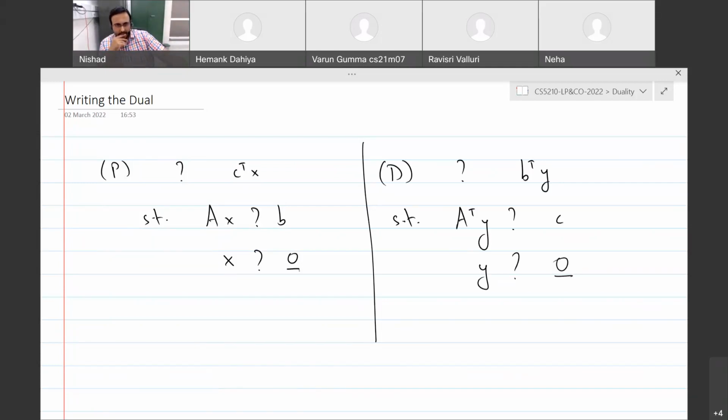If we know that this is a linear program in standard equality form, we know what these question marks stand for, and we can write down the dual. What I now want to do is tell you how to write down the dual of any arbitrary linear program. So think of P as being given to you, and D is what we need to figure out.